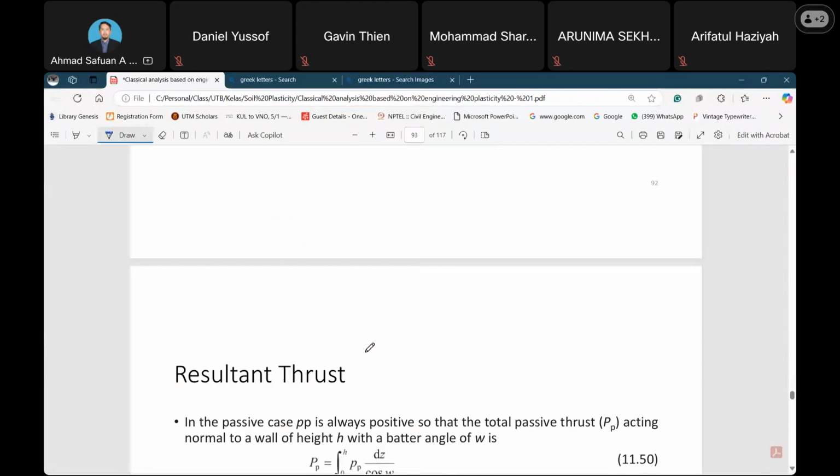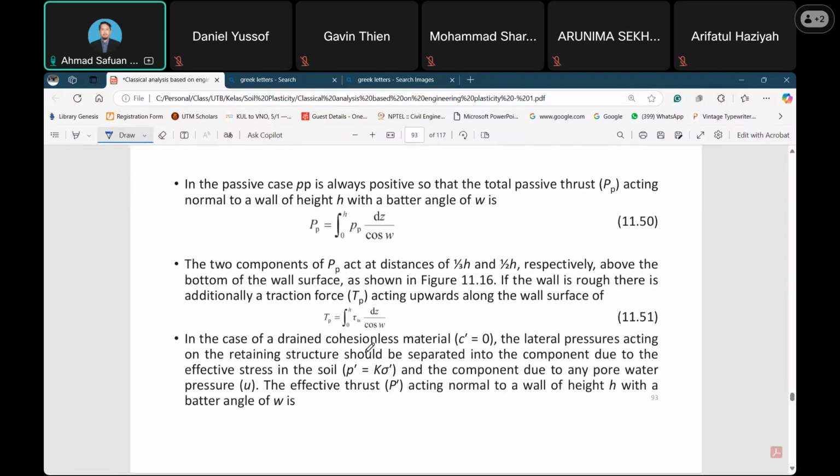If the wall is rough, there is an additional traction, TP, acting outward along the wall surface. In the case of drained, cohesionless material with C equal to 0, the lateral pressure acting on the retaining structure should be separated into the component due to the effective stress in the soil, and the component due to any pore water pressure.